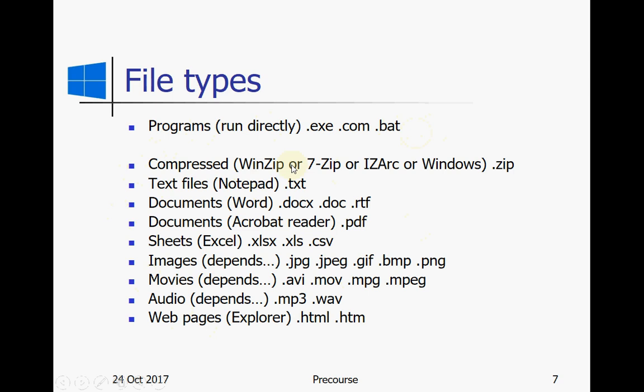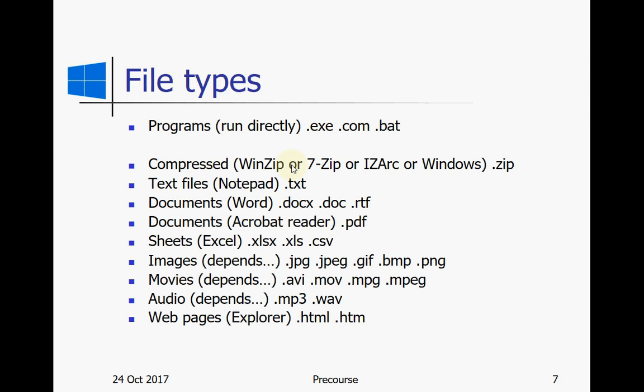Programs are things which run directly. Whenever you double click on a program, the program alone executes itself. Run means does something. The typical extensions are exe, which means executable, com, which means command, and bat, which means batch. Okay, they immediately do something. They don't need any other support.